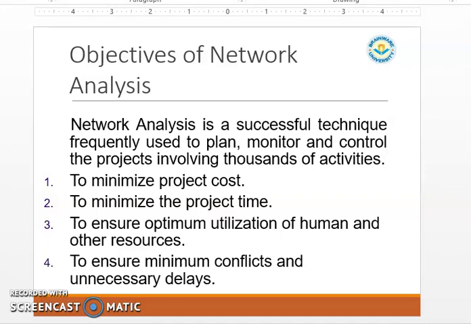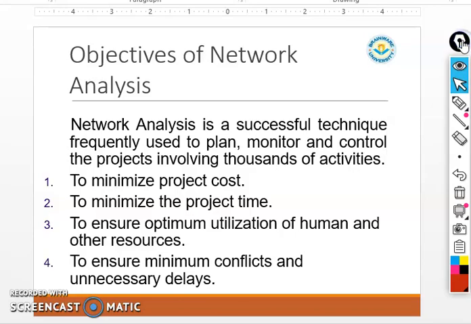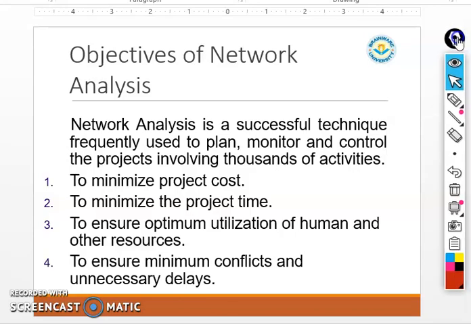So here we start our second lecture regarding network analysis. In the previous lecture we mentioned some terminology of network analysis and the steps involved to process the network analysis.